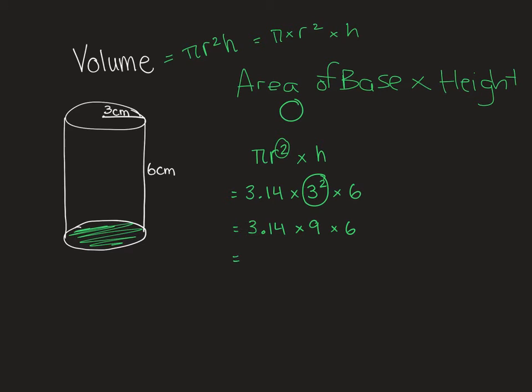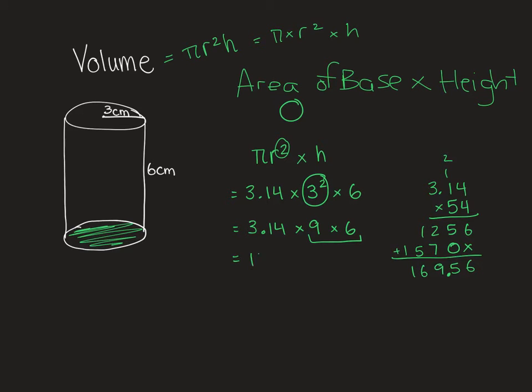And now I can just multiply all of these. If you want to use a calculator for this, that's fine. I can also do it by hand by going 9 times 6 is 54. So 3.14 times 54 is about 169.5.